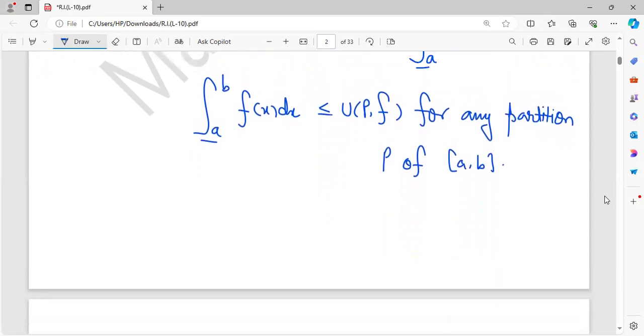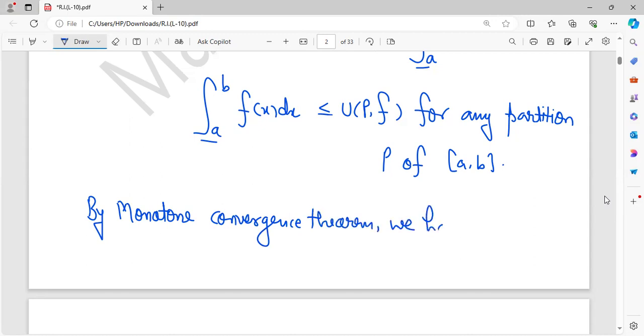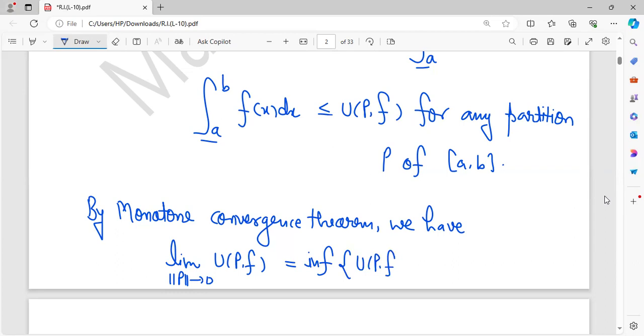Now by the monotone convergence theorem, because this set of U(P, f) is bounded below and monotonically decreasing, we have the limit as norm of P tends to 0 of U(P, f) is equal to the infimum of U(P, f), P a partition of [a, b].